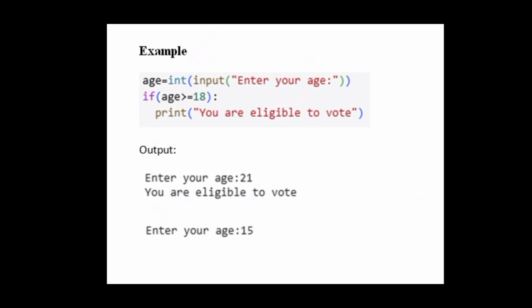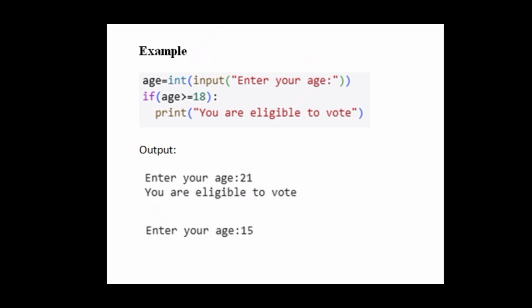As an example: age = int(input("Enter your age")). If age greater than or equal to 18, print you are eligible to vote. Here we ask the user to enter their age.